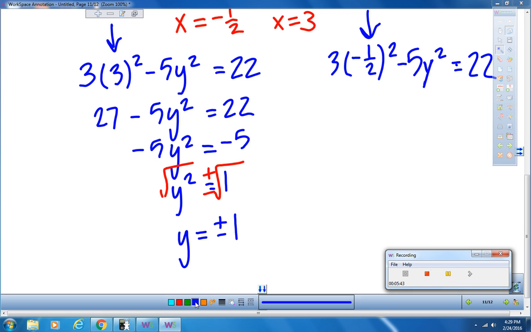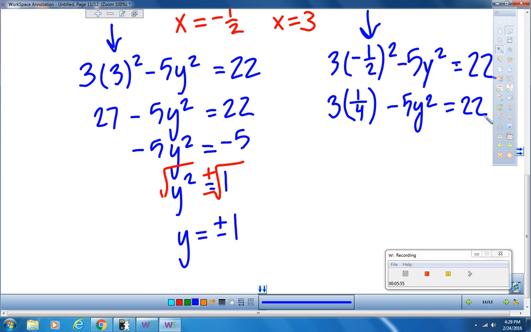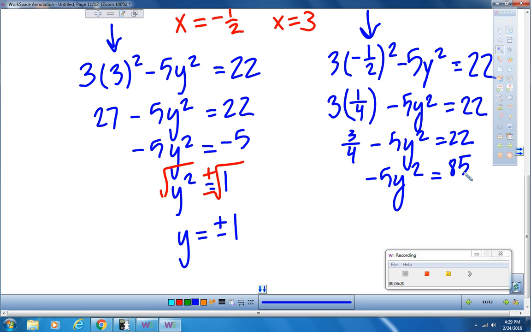Next, I'm squaring negative 1/2, which leaves me with 1 over 4 minus 5y squared equals 22. So I'm left with 3/4 minus 5y squared equals 22, which gives me, when I subtract 3/4 from both sides, 21 1/4, which as an improper fraction simplifies to 85 over 4.